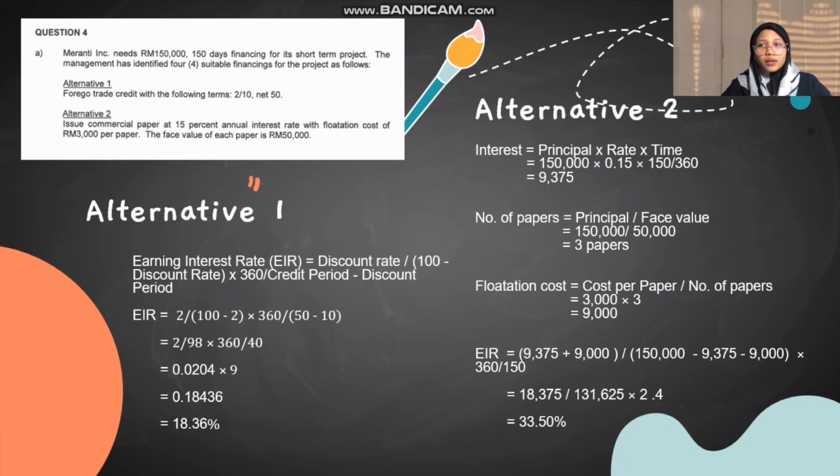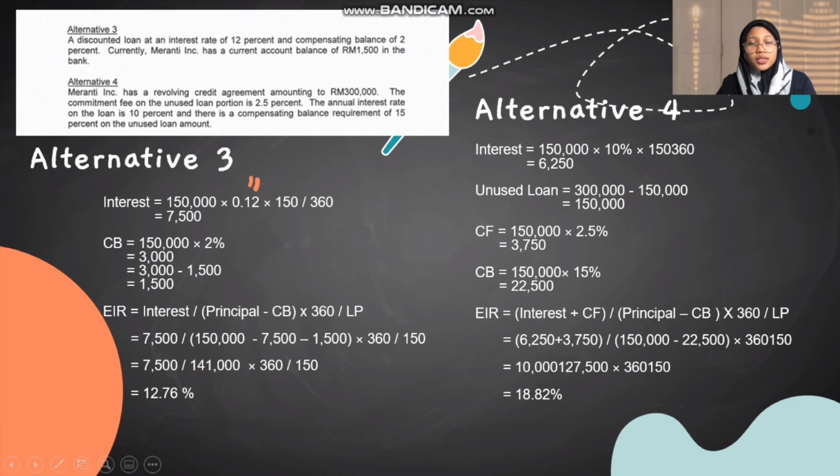For the EIR is interest plus flotation cost divided by the principal minus interest minus flotation cost, and multiply with 360 days divided by 150 days, and I get 30.50%.